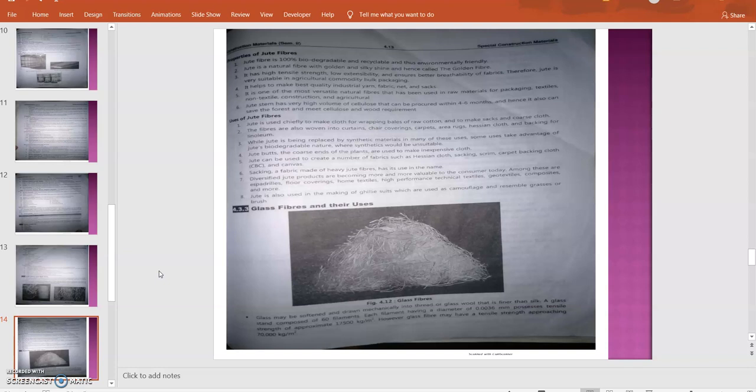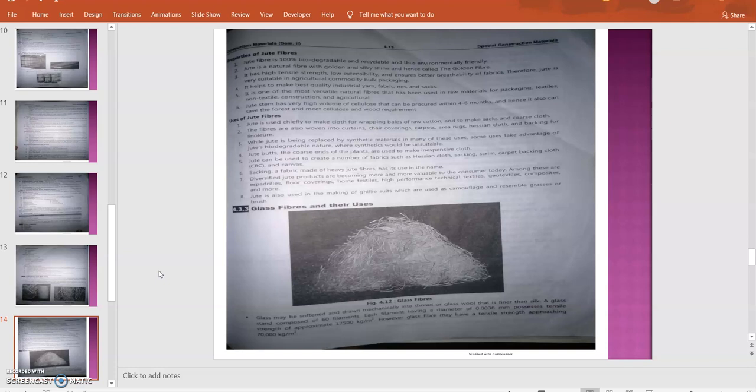It is one of the most versatile natural fibers, used as a raw material for packaging, textiles, non-textile constructions and in agriculture. So that is all about jute fiber and its uses.